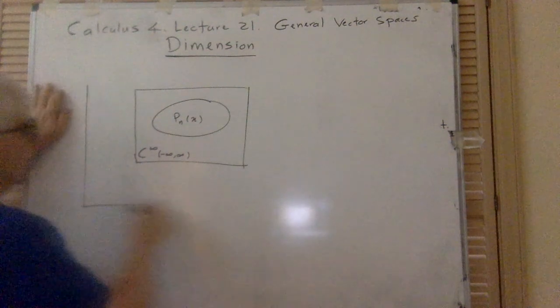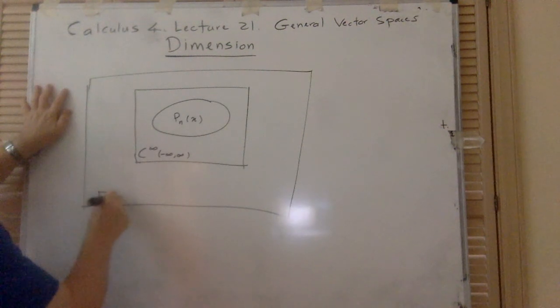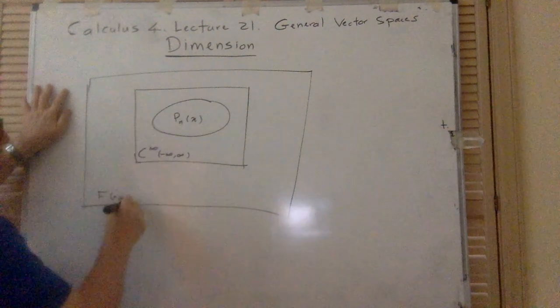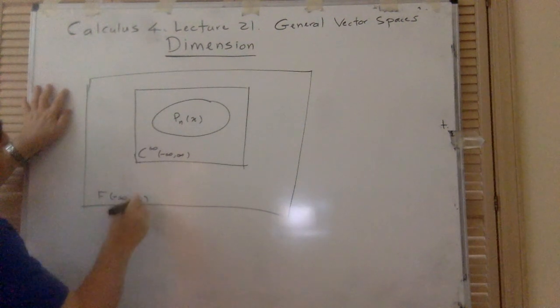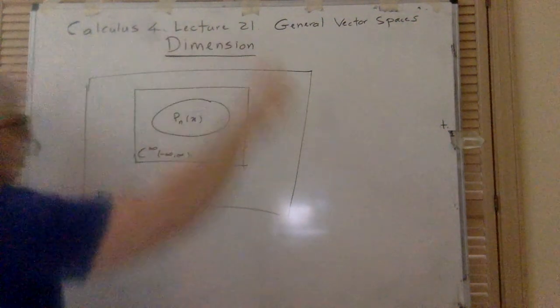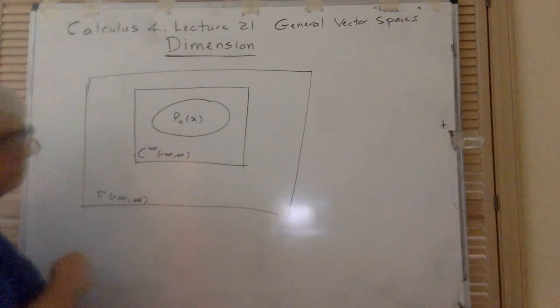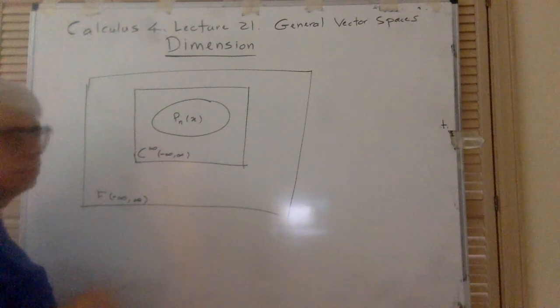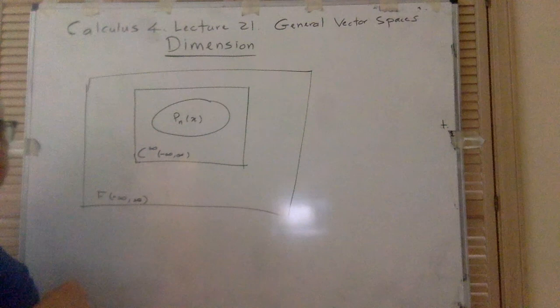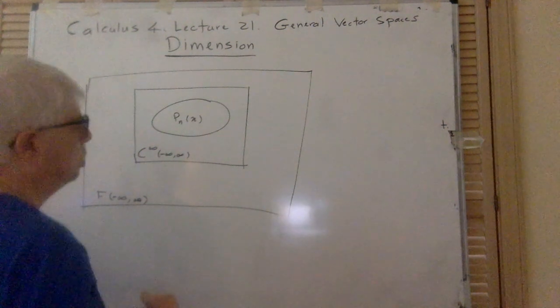All single variable functions, it includes everything. So the Pn's are inside this. And for any n, Pn has dimension n plus 1. Pn plus 1 has dimension n plus 2, and so on.